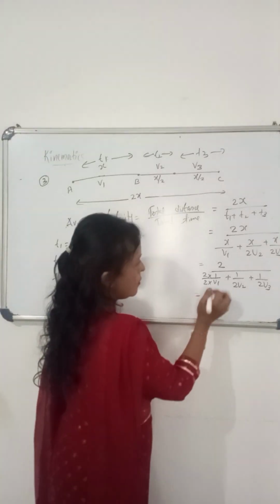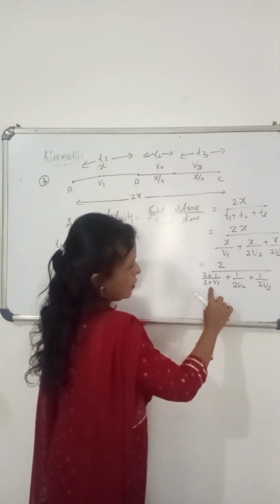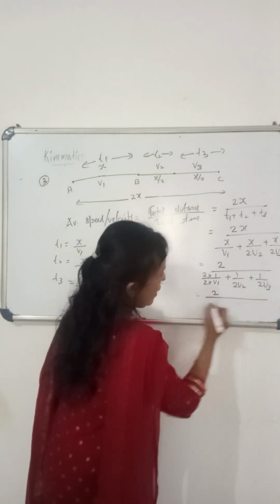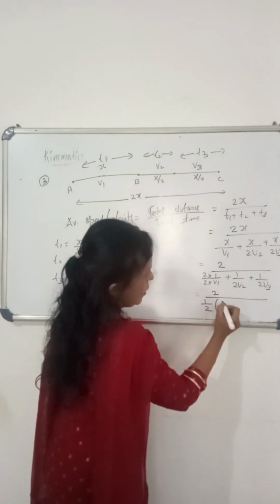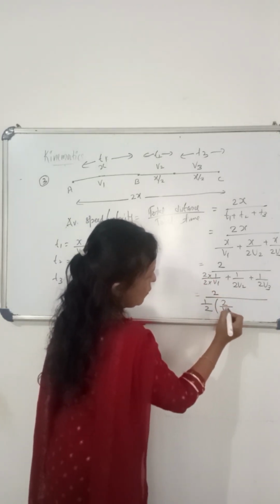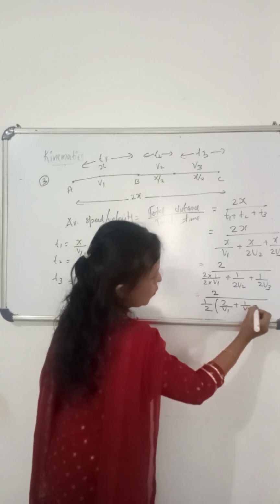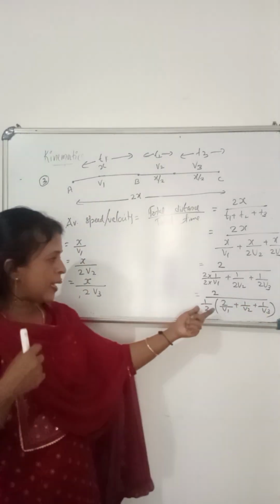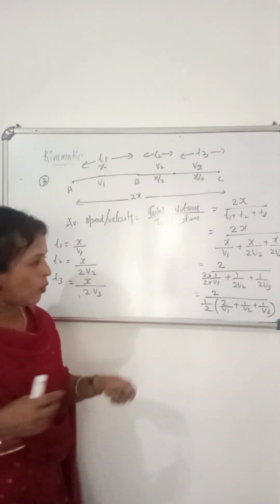Then what is this? Here 1 by 2, 1 by 2, 1 by 2 is common, so 2 divided by 1 by 2 we can take it out. Then 2 by v1, 1 by v2, 1 by v3. Okay, so in the final answer the 2 becomes 4.